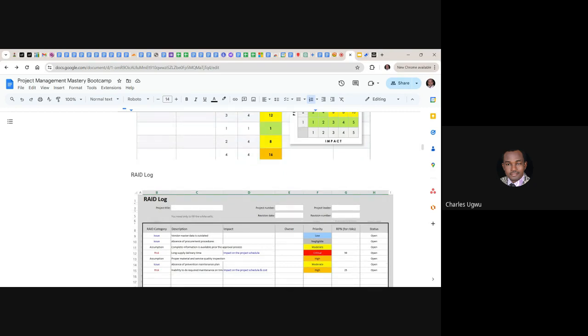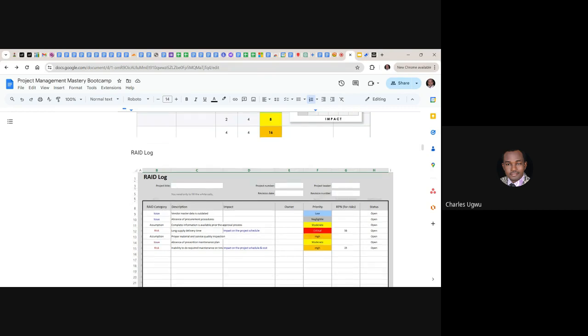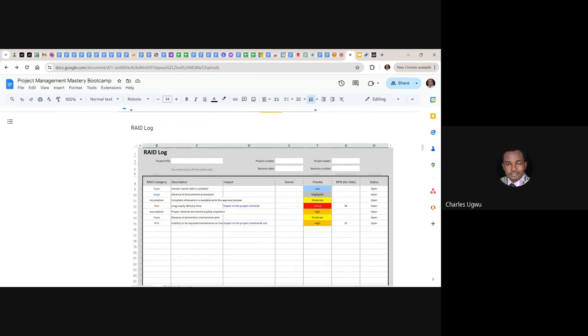It's kind of similar to the risk register, but the difference is that the RAID log helps us to capture other things that are not only risk, but the way we manage risk using the risk register is still the way we manage using the RAID log.